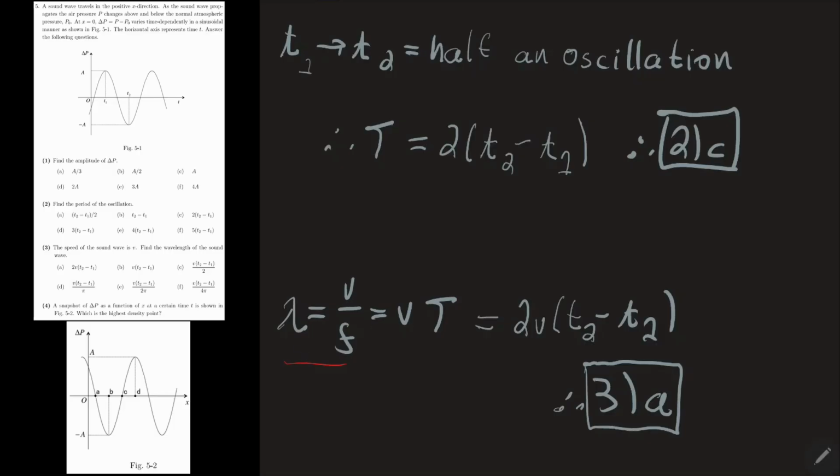And the period is equal to 1 over the frequency, so the wavelength is equal to velocity times the period. We just found the period in part 2, so this just equals the period times velocity, which is 2v times (t sub 2 minus t sub 1), and that is option A.